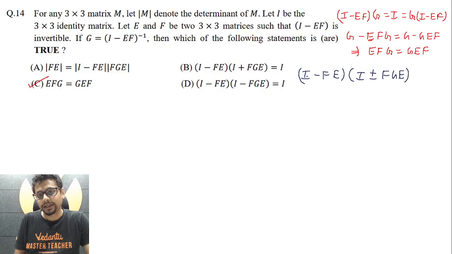So what does this become? I into I is I, plus minus FGE, or rather minus FE multiplied by I we may do first. Now I multiplied by plus minus FGE is plus minus FGE, and minus times plus minus becomes minus plus, and it becomes FE FGE.